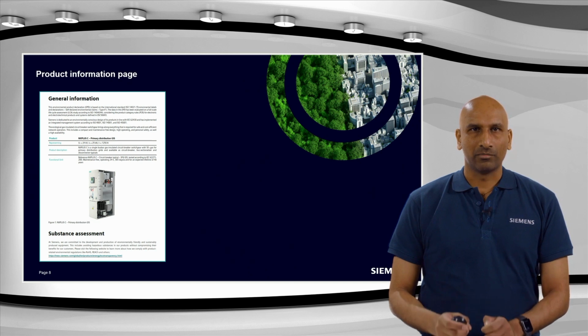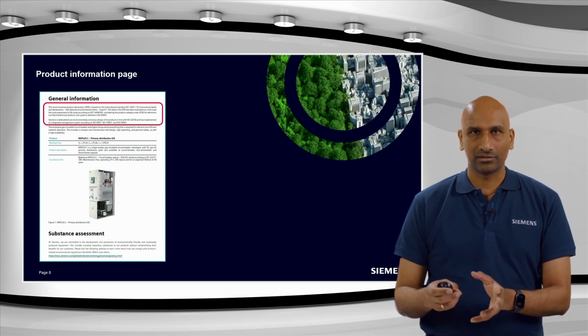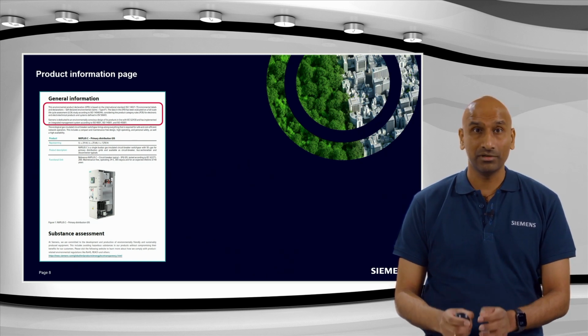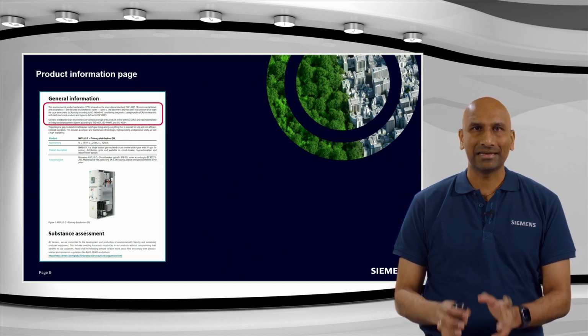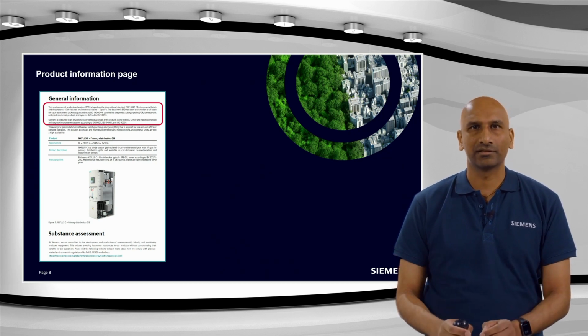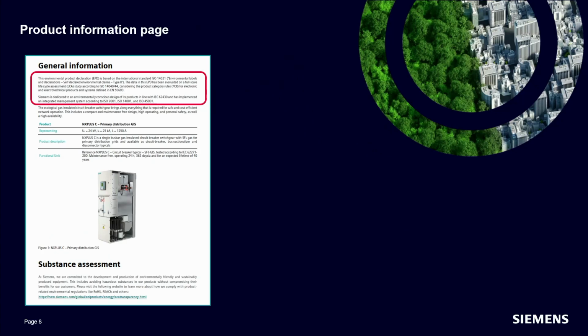In the product information page, there is a general overview of all the standards, like ISO 14021, which is the reference for creating Type 2 EPDs, and ISO 14040 or 44, which is the basis for the detailed life cycle assessment included in this EPD. The standard EN 50693 is considered as a reference for the product category rules applied in this life cycle assessment.